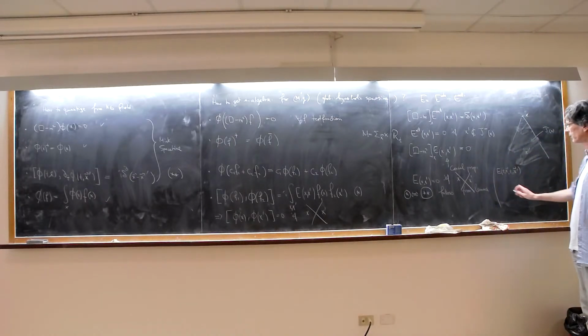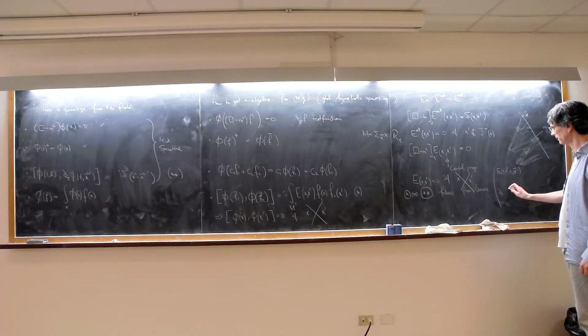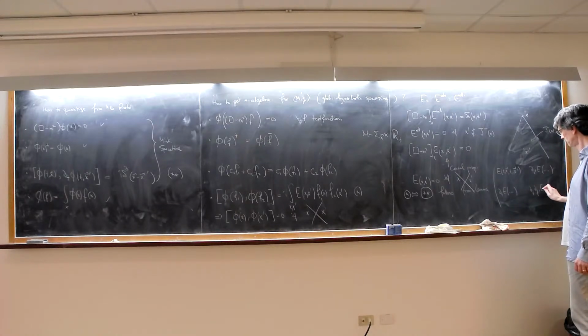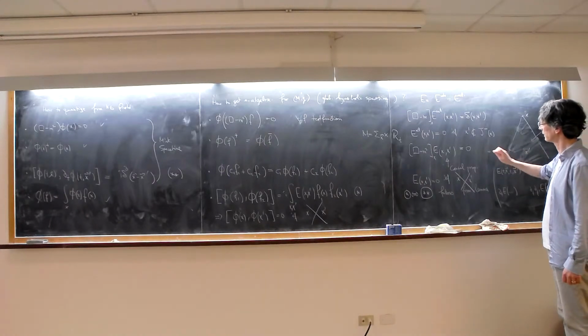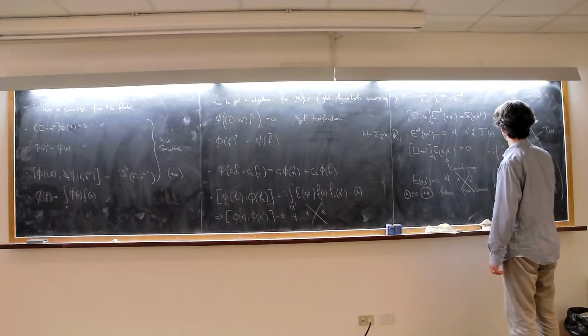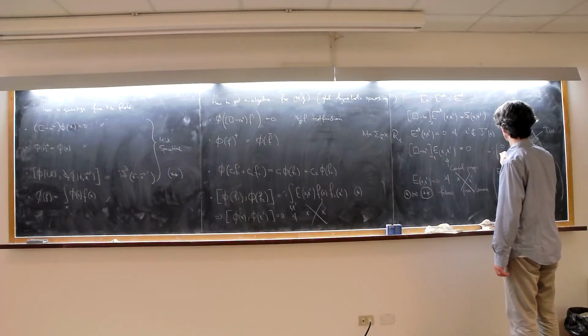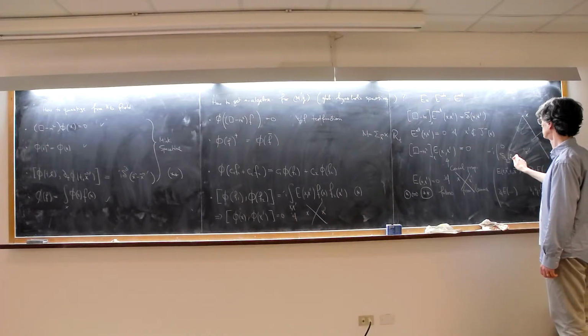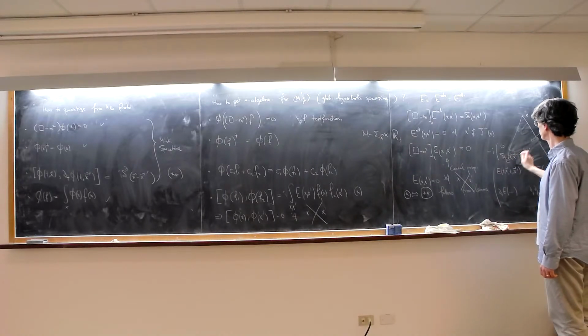And then if you look at this matrix here, this matrix is precisely given by I times this block diagonal matrix where you have here the spatial.